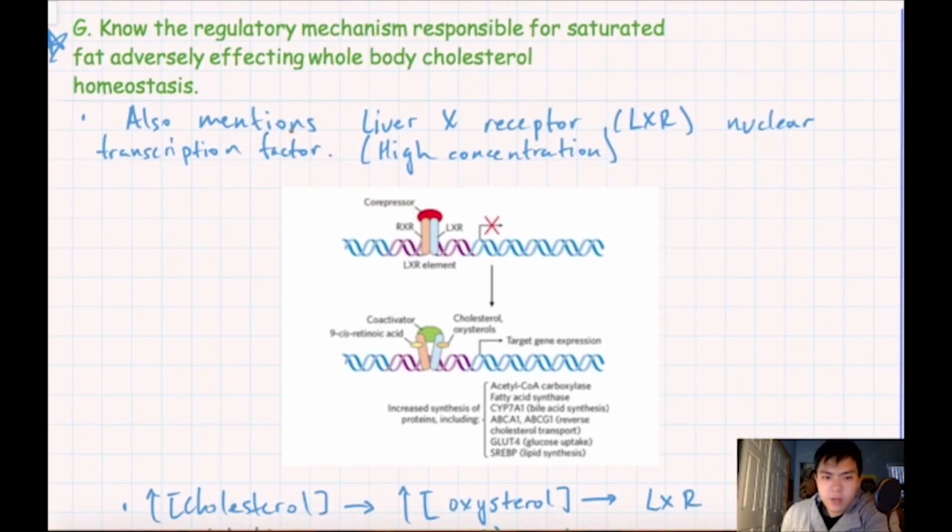But the other major regulation that we haven't talked about yet was this liver X receptor, LXR. And it's a nuclear transcription factor, so an activator similar to SREB. My computer is lagging so hard right now. But the difference is SREB is activated when we have low concentrations of cholesterol, whereas LXR is activated when we have high concentrations.